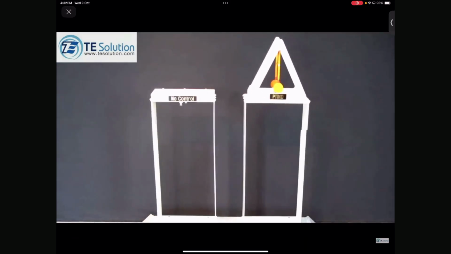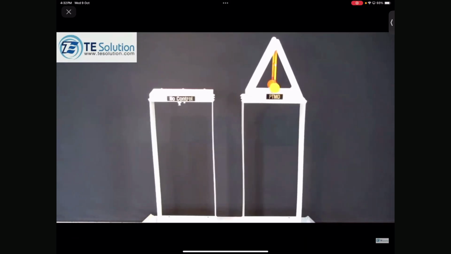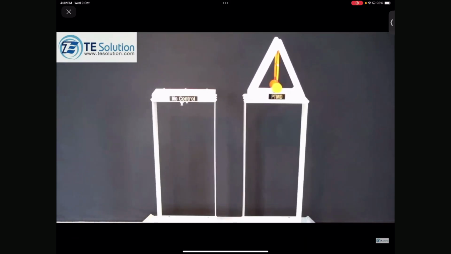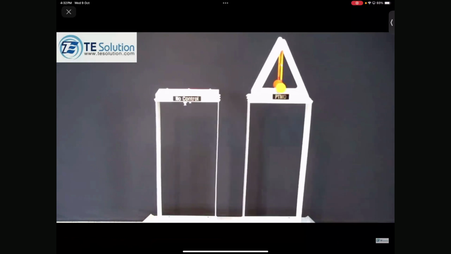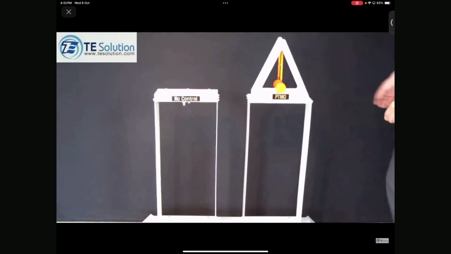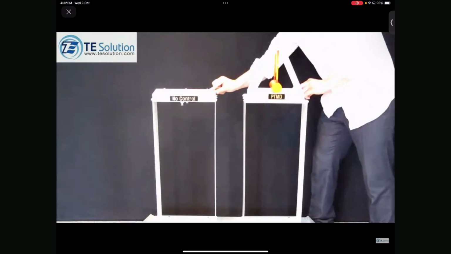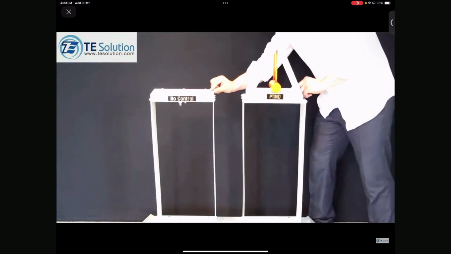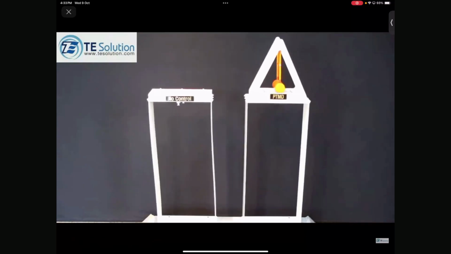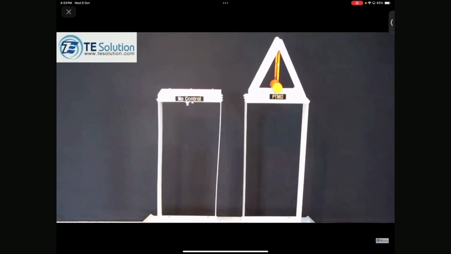The building will break. On the right side, you see a mass hanging at the top. Now see what they do. They'll release this mass and push it and see what happens. You see the tall building stops wobbling, but the other one is still wobbling.